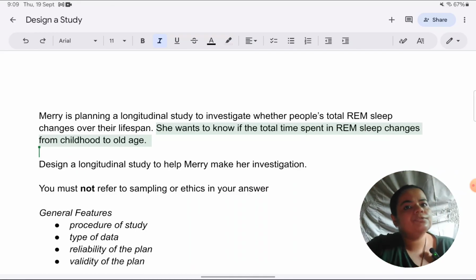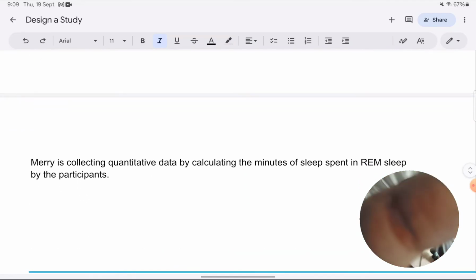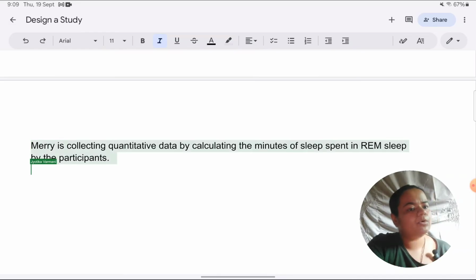This is the intention. So now how will she come to a decision of does this really happen or not? What she's wanting to check. At the last point, what we have said is she is calculating how much time has been spent in REM sleep. So all she needs to see is this total time, is it increasing with age or not?